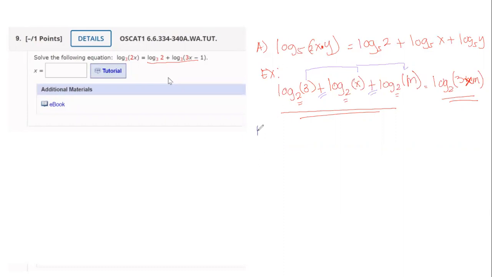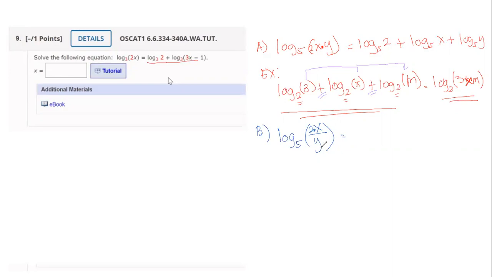Now let's do a second example, where you have division. Let's do log 5 of 2x over y. In the numerator, you have two things being multiplied.